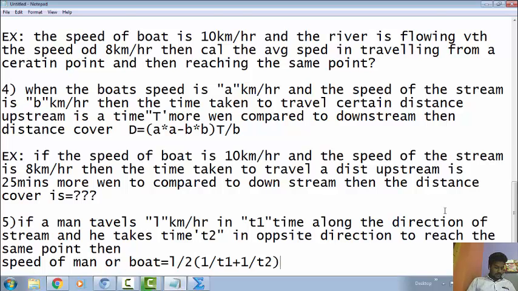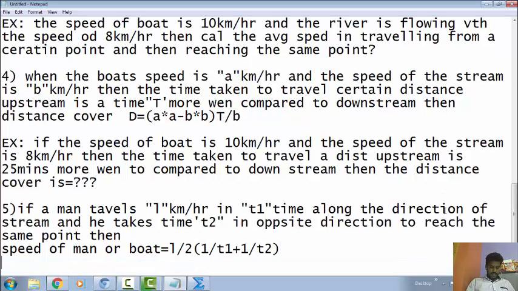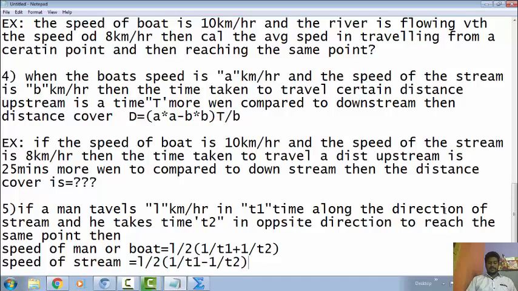Now the speed of stream is equal to L divided by 2 into 1 divided by T1 minus 1 divided by T2. Okay, this is the case.